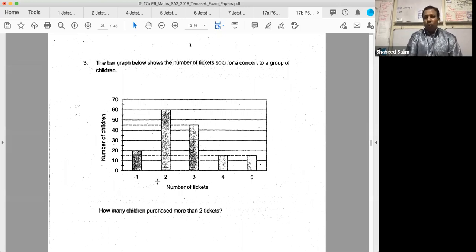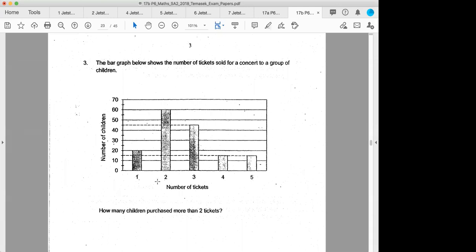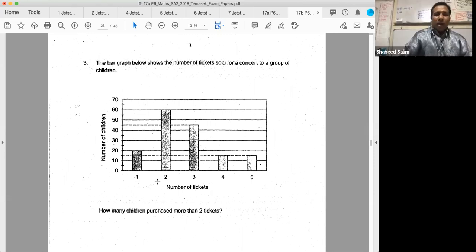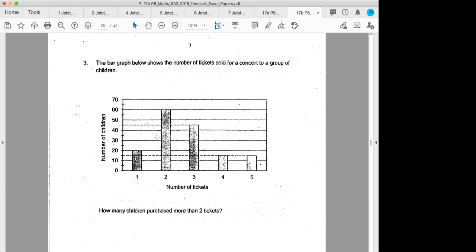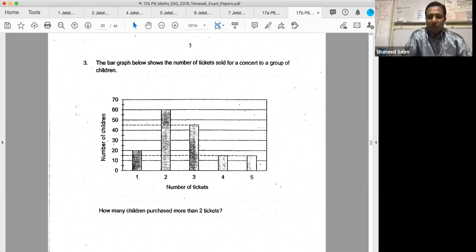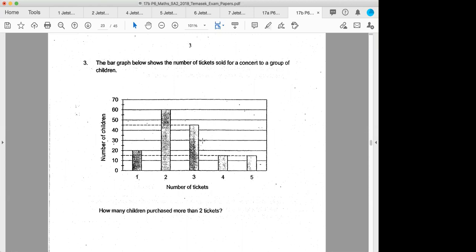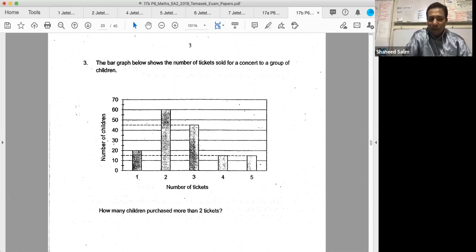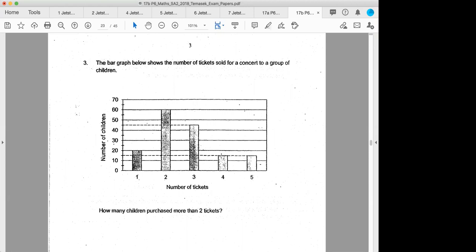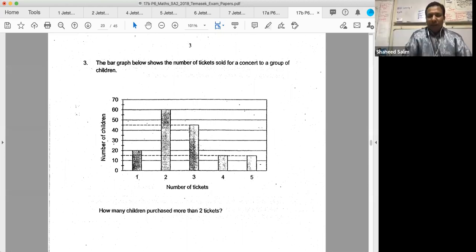I got 75. 75, good. Raihana, what's your answer? 85. 85 cannot be. You see, down here, how much is this? 3 tickets, 4 tickets, 5 tickets. Add together. This is 45. This is 15. This is 15. Just add together lah.